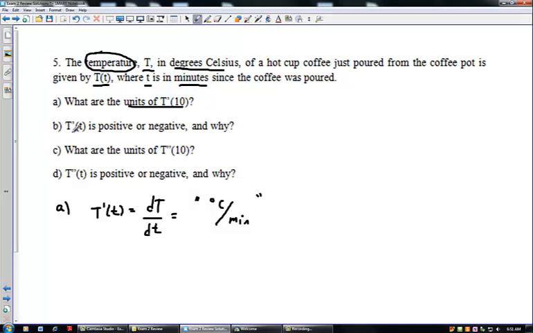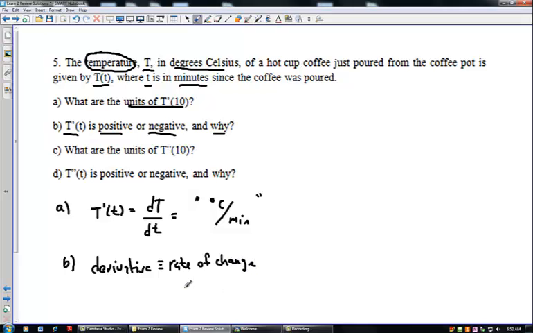Okay, part B, is T prime of T positive or negative, and why? So hopefully I say derivative, you say rate of change, because we know the rate of change of the temperature is negative because it's not heating up after you pour it into your coffee cup, it's cooling down. So remember, this derivative is the same thing as the rate of change.